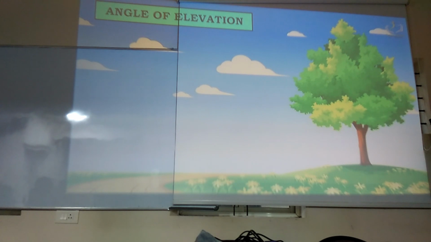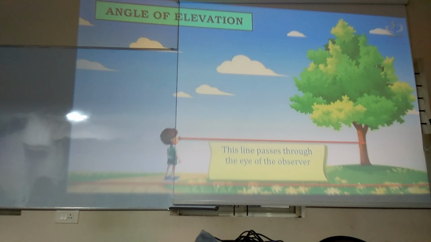Next thing is angle of elevation. This is the line passing. Right. This is not for angle of elevation. This is called the horizontal line actually. Title wrong I put it there.